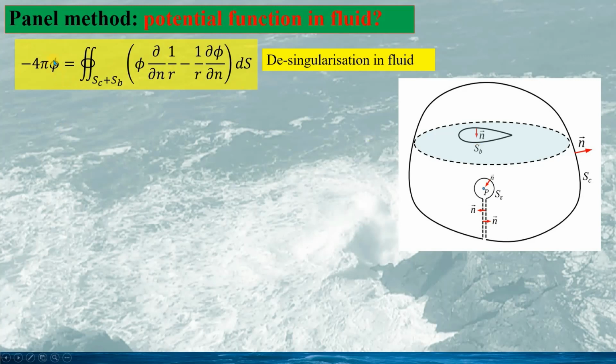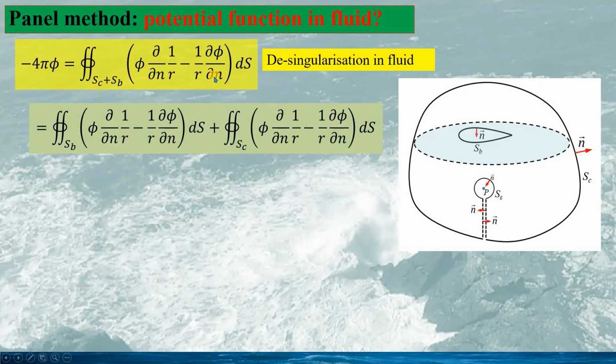And here, the potential function on the left-hand side would be in the fluid, see here. And in a similar way, we need to transform the integral on SC. Here we can write this surface integral into two terms, on SB and on SC.